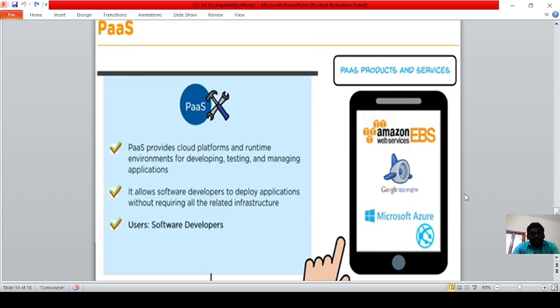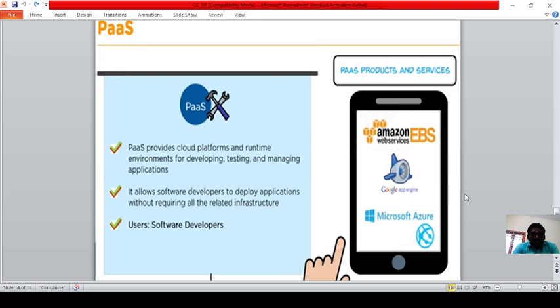Another one is platform as a service, for the runtime environment. If you want to develop, test, and manage applications in specialized runtime environments, there is no need to buy; you can use these services from any cloud provider. PaaS provides cloud platforms and runtime environments for developing, testing, and managing applications.